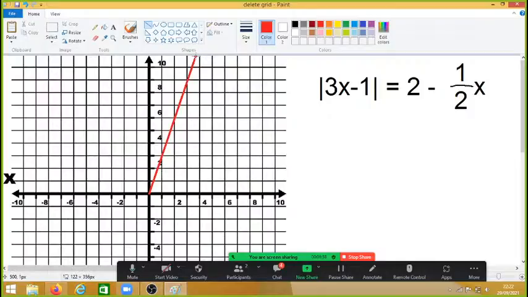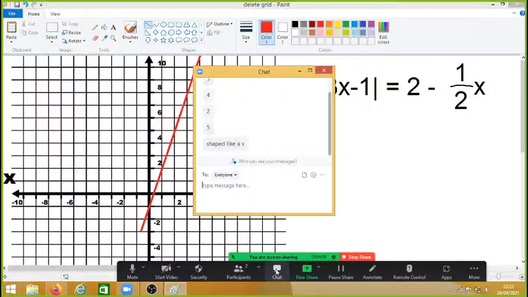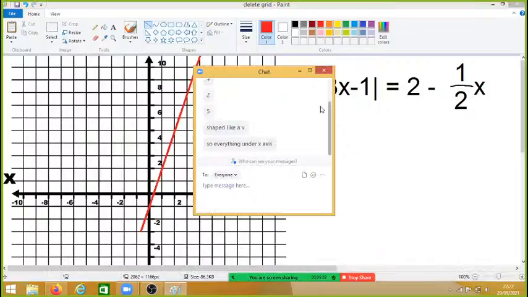So the gradient of 3 means for every one square across we're going to go 3 up. Minus 1, then if you've been following, you should be able to tell me then what happens next to that graph. Good, a bit more.